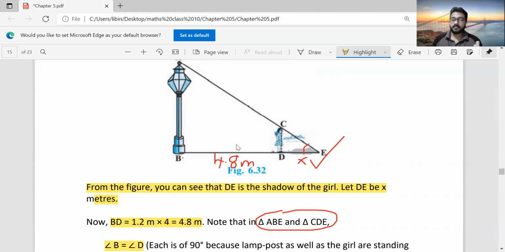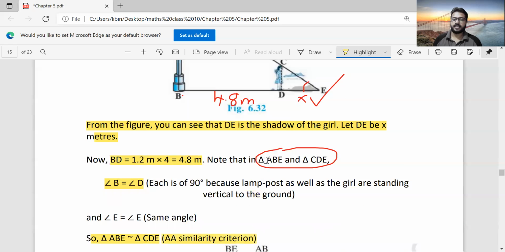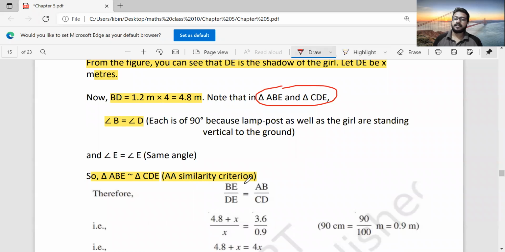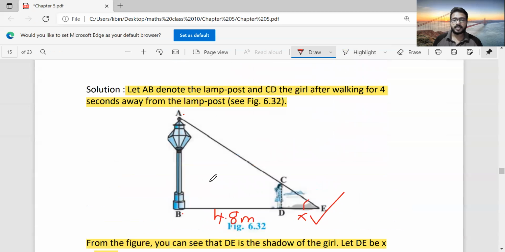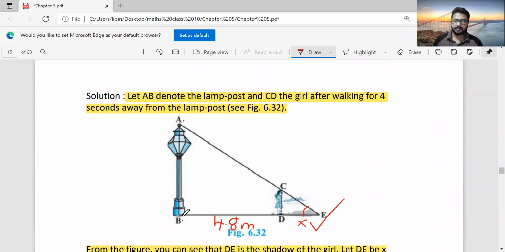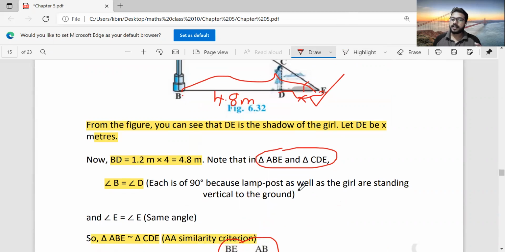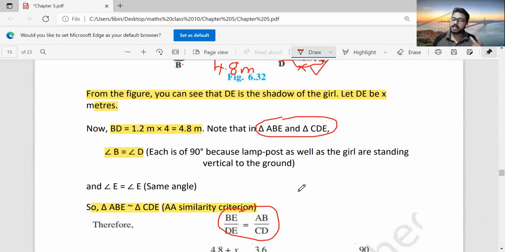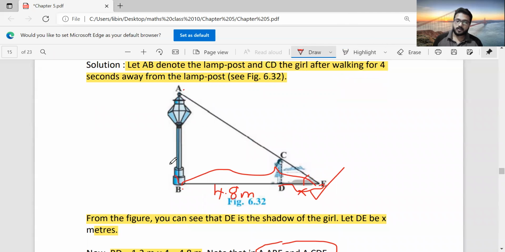Now let us see how we can find the measurement DE. Therefore, we can write BE by DE is equal to AB by CD, because the corresponding sides should be in proportion. BE by DE are the unknown quantities, and the known quantities are AB and CD.